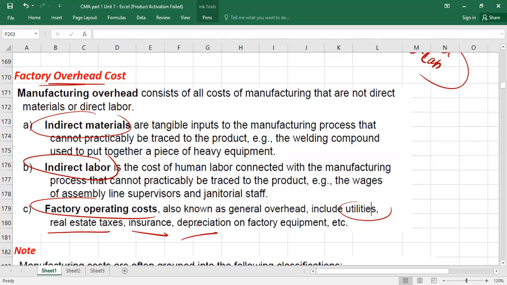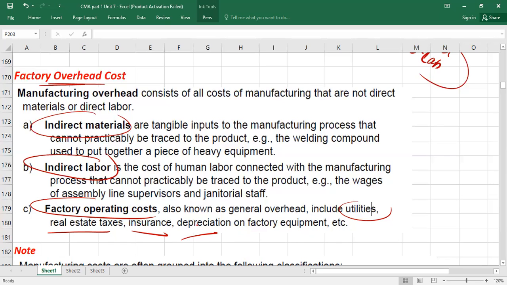It might include depreciation of factory plant and machinery, also overhead cost. It might include rent also. Right? So these costs are the factory operating cost. If I ask you how many categories there are in overheads, you would say three: indirect material, indirect labor, and factory overheads.